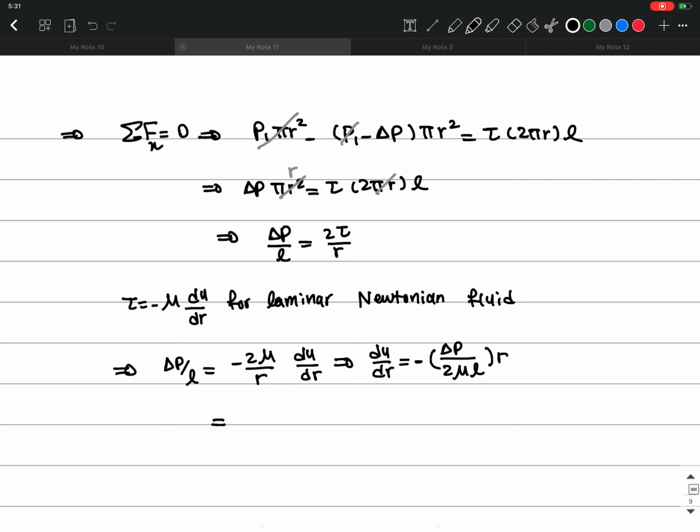And now if I rearrange the terms, I get du equals minus delta P over 2 mu L r dr.